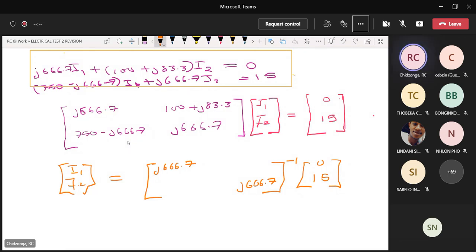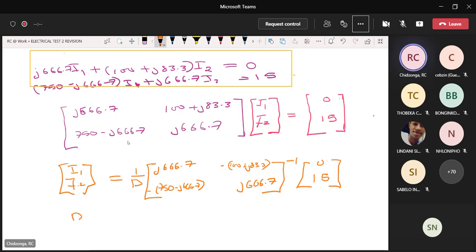You put a negative ahead. So you can repeat this one. It will be minus in brackets 750 minus J666.7 in brackets, and then this one will be minus in brackets 100 plus J83.3, right? And then here you multiply by the inverse of the determinant.